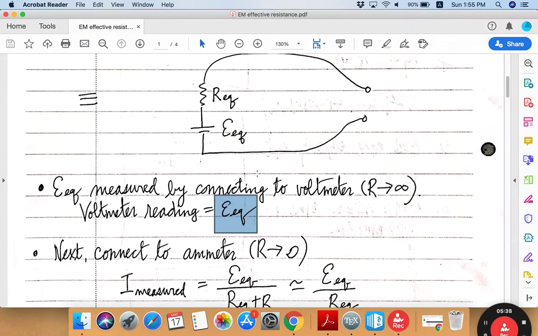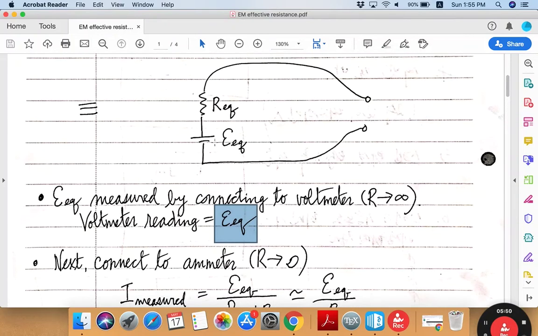Now suppose that you have determined the equivalent voltage of some circuit in this way, and therefore have solved the question of what is the equivalent voltage of the circuit. Now, how would you go about answering the question of what is the equivalent resistance of the circuit?